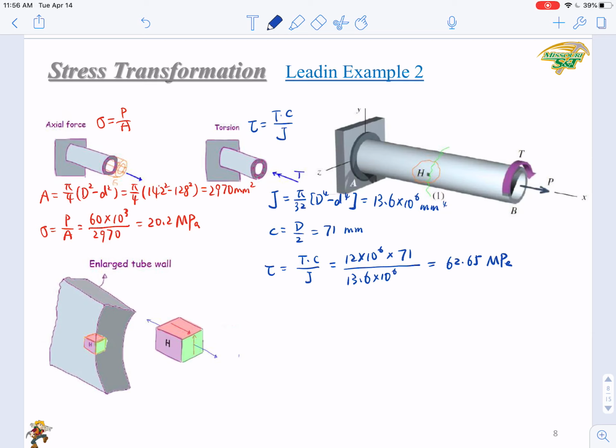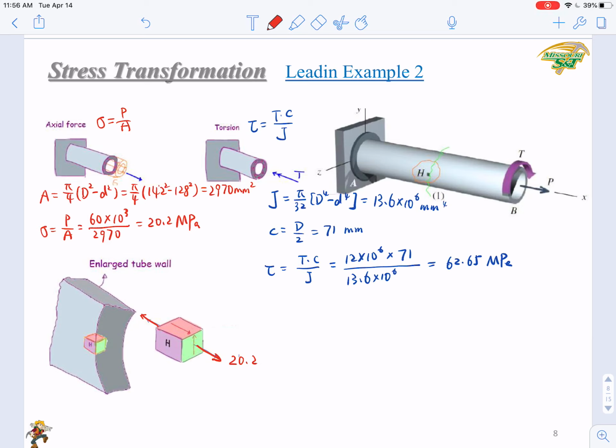Okay, now we have already determined the normal stress and shear stress, so we can draw them on this 3-dimensional stress element. First of all, we have a tensile normal stress, that is 20.2. And then just look at the direction of the torque.